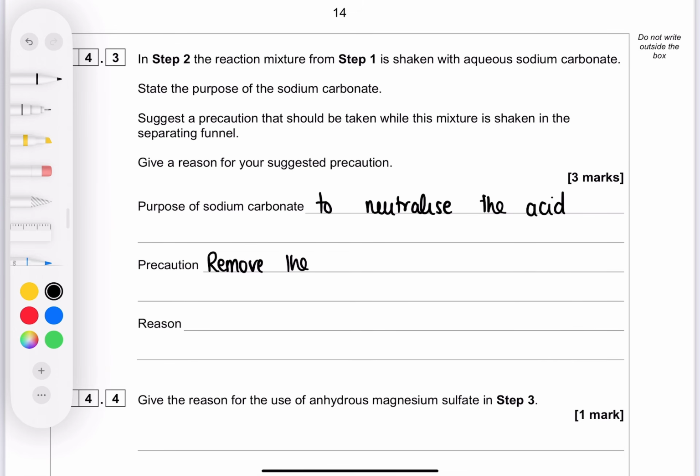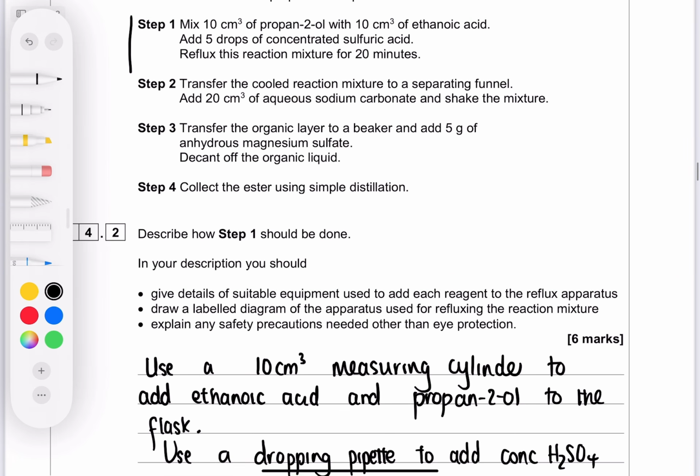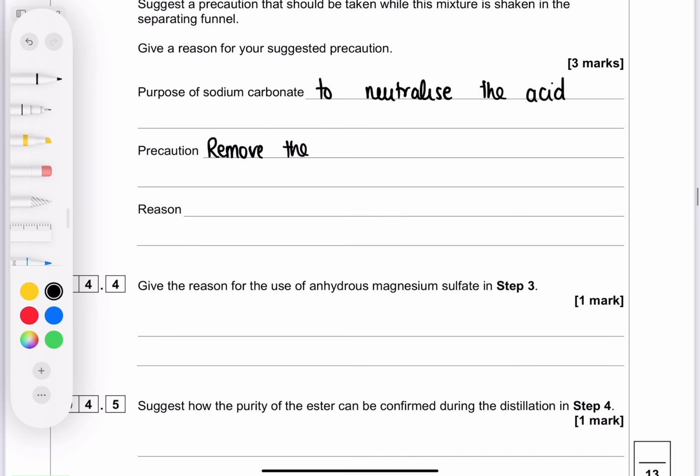Let's just double check how they described it in there. It's a separating funnel, so they didn't describe it exactly, so we could remove the bung or the stopper or open the tap on the separating funnel, but you'd have to be upside down to do that. We're trying to release the gas, not the liquid.